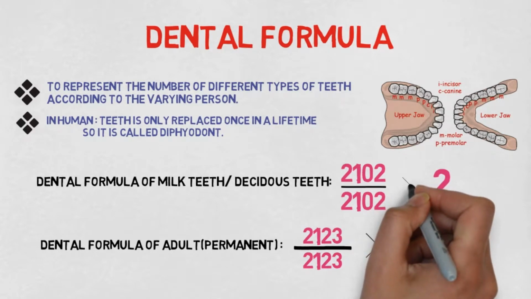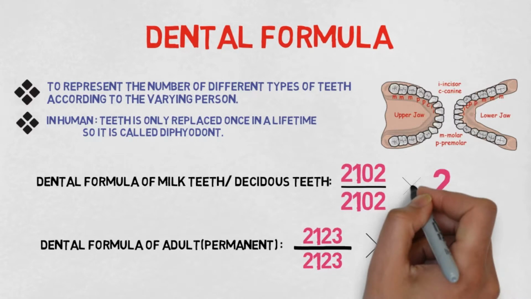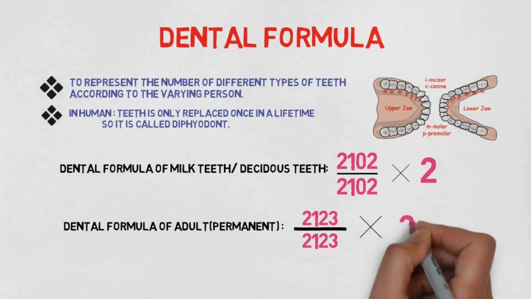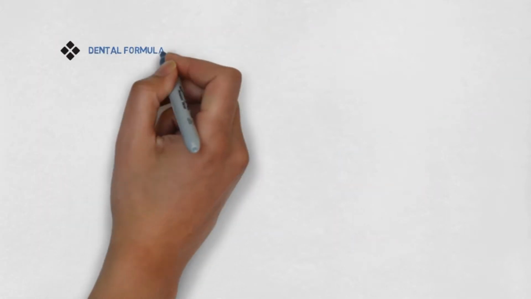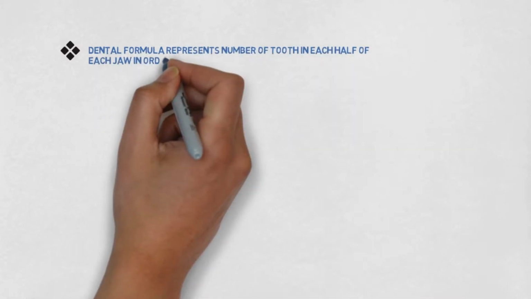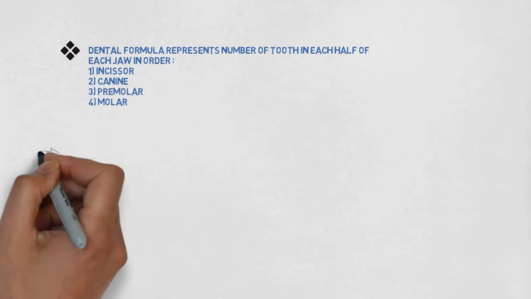Talking about the next topic, the dental formula also represents the number of teeth in each half of each jaw, in order: incisor, canine, premolar and molar. For the milk teeth we have 2102, which tells us there are 2 incisors, 1 canine, 0 premolars and 2 molars.